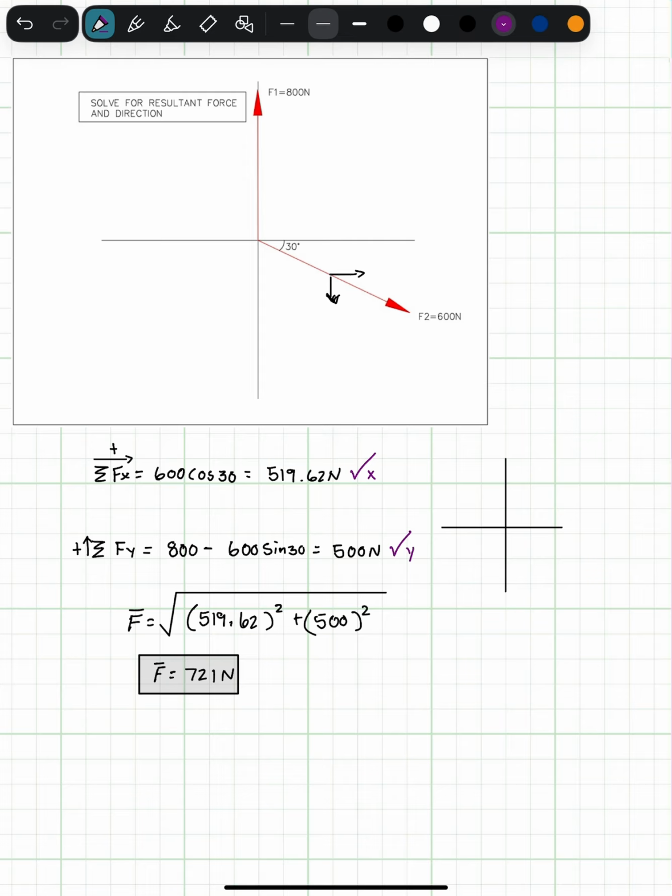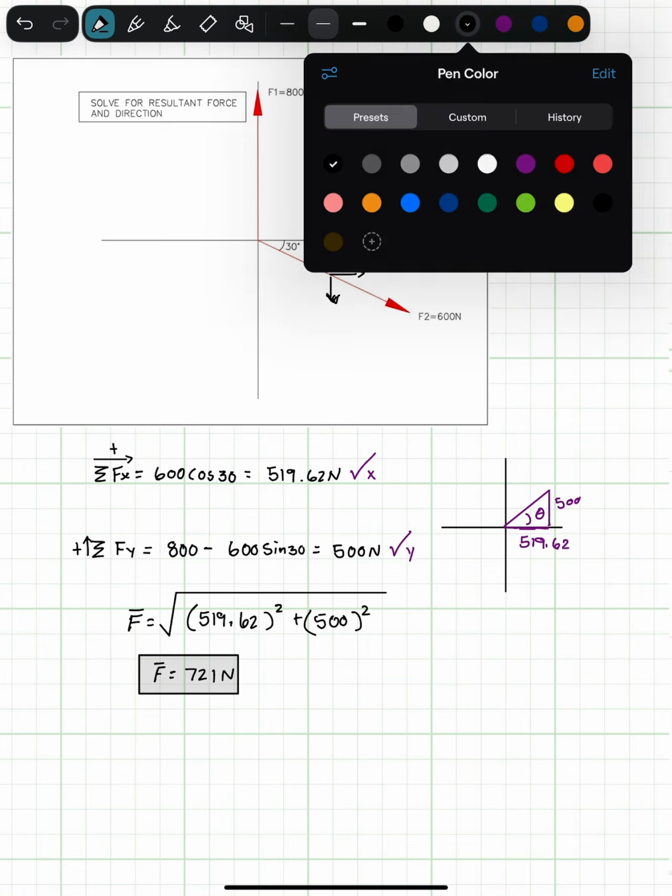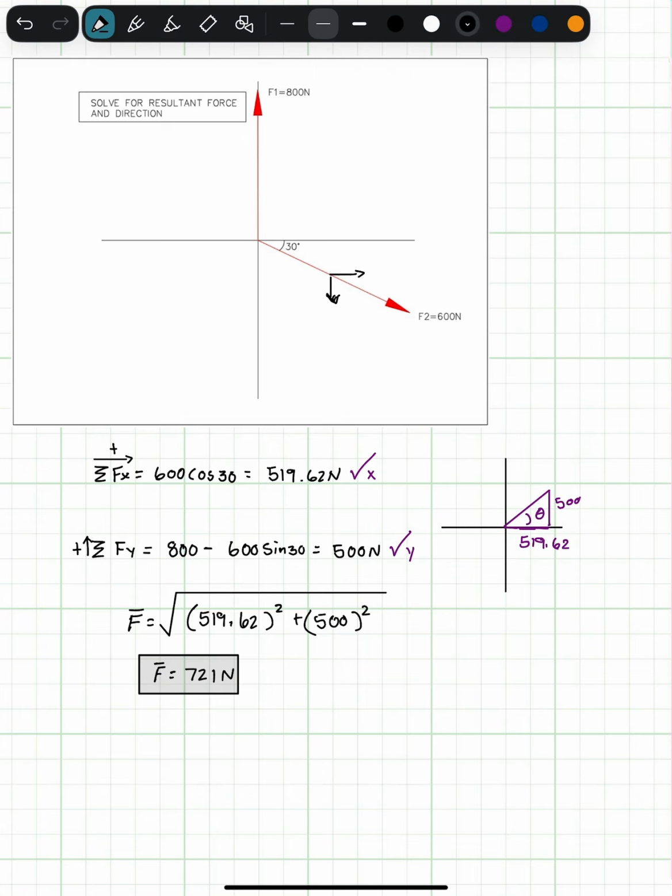We have our x component along the x-axis, this is 519.62, and we have a positive y component going upward, 500. And so this literally builds another triangle that's the direction ultimately of where the magnitude is going to be pointing towards. So what is that angle?